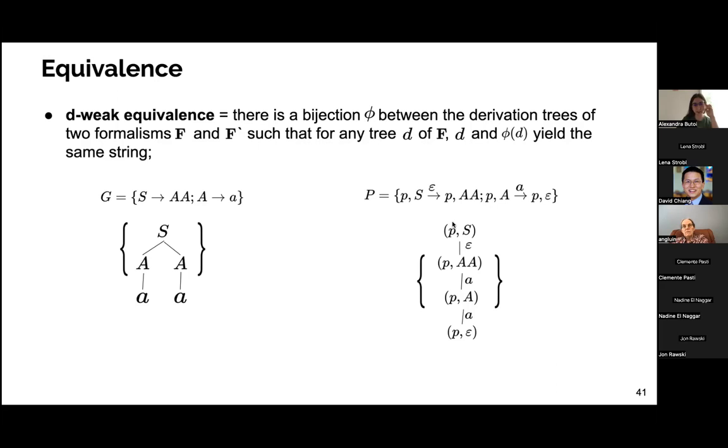Again, this pushdown automaton has a single derivation tree, and one thing to notice is that normally in the context of pushdown automata, you'd use the notion of a run, but we think of runs as derivation trees in which each node has at most one child. So this pushdown automaton has, again, a single derivation tree for the string aa. So therefore, G and P are weakly equivalent. So there is a bijection between these derivation trees such that the yield is the same.